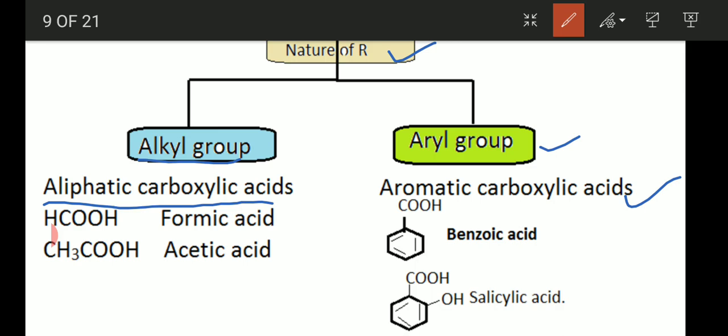Examples for aliphatic carboxylic acids are formic acid, HCOOH, and acetic acid, CH3COOH. Now the second category is aromatic carboxylic acids. Benzoic acid is one example and salicylic acid is another. When the OH group is in the ortho position to the COOH group on the benzene ring, that is salicylic acid.